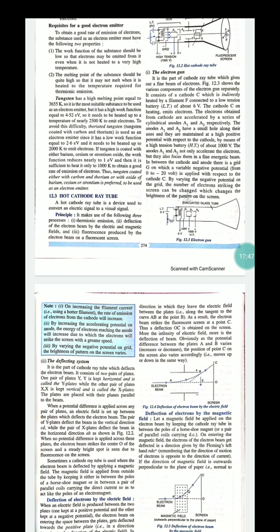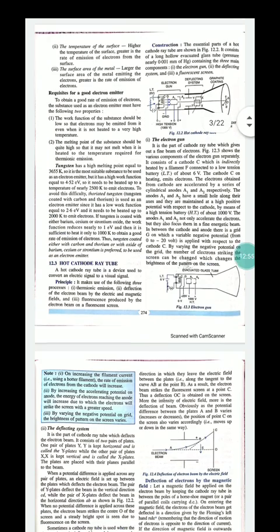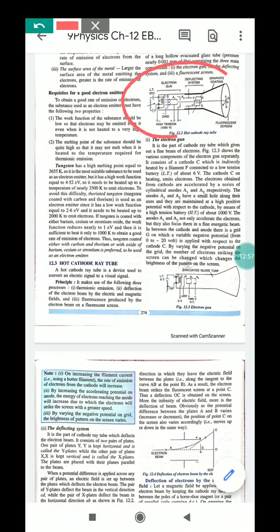What is a hot cathode ray tube? It is a device that converts electrical signals into visual signals.